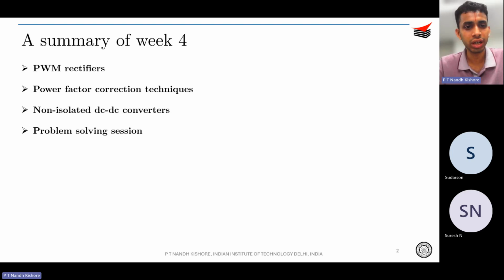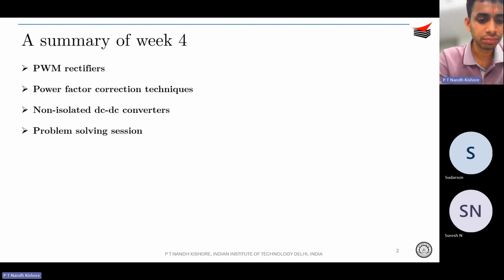So you learned about the PWM rectifiers and the DC-DC converters based on which you implement rectifier techniques. After that, you forayed into non-isolated DC-DC converters. Specifically, you saw the buck and boost converters. So today's problem solving session will include problems from these topics.